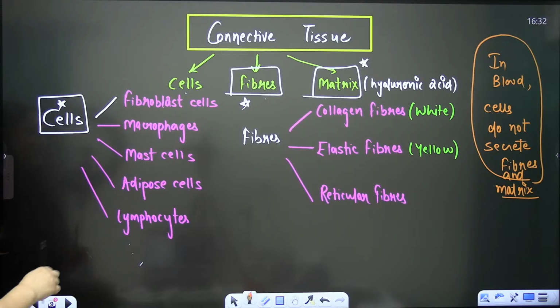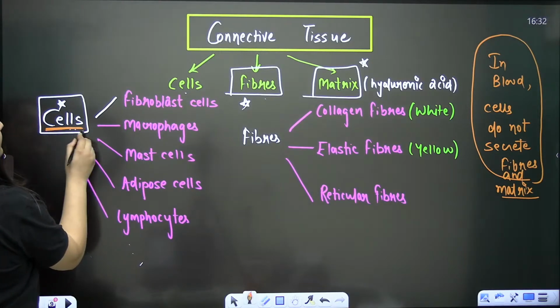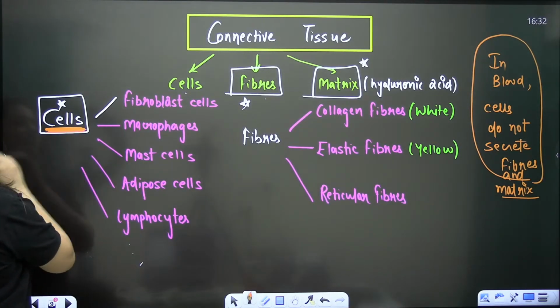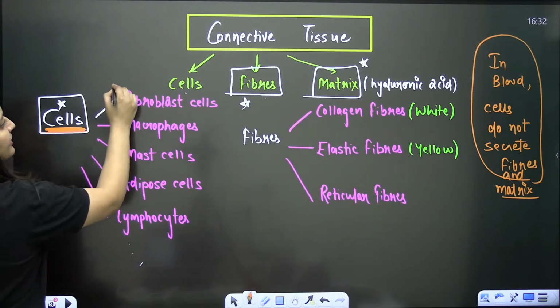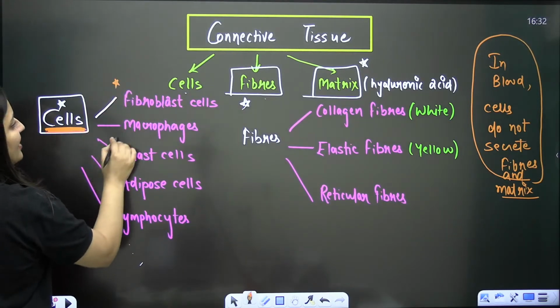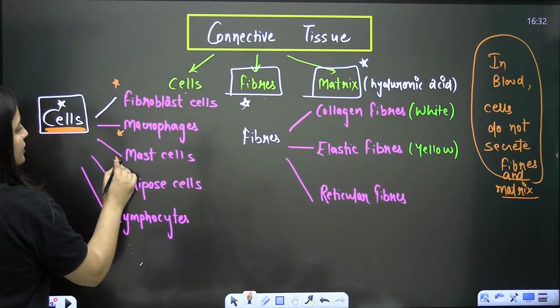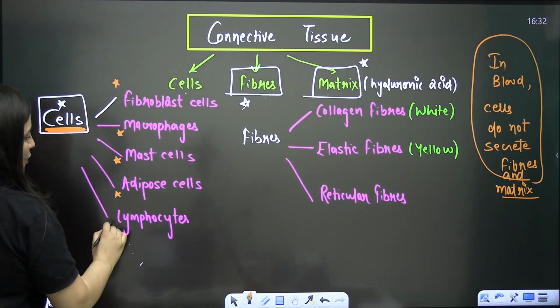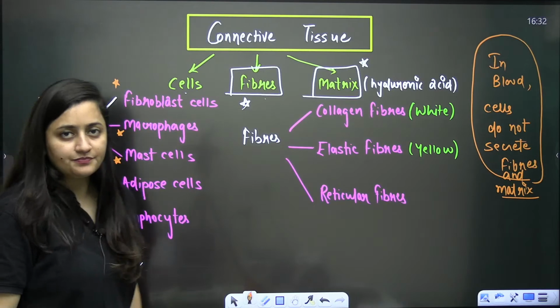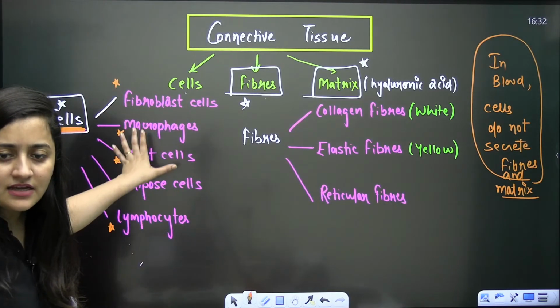Clear? So which cells are going to be there in the connective tissue? Have a look. Fibroblasts, very important. Macrophages, mast cells, adipose cells, lymphocytes. Those cells are there in the connective tissue.